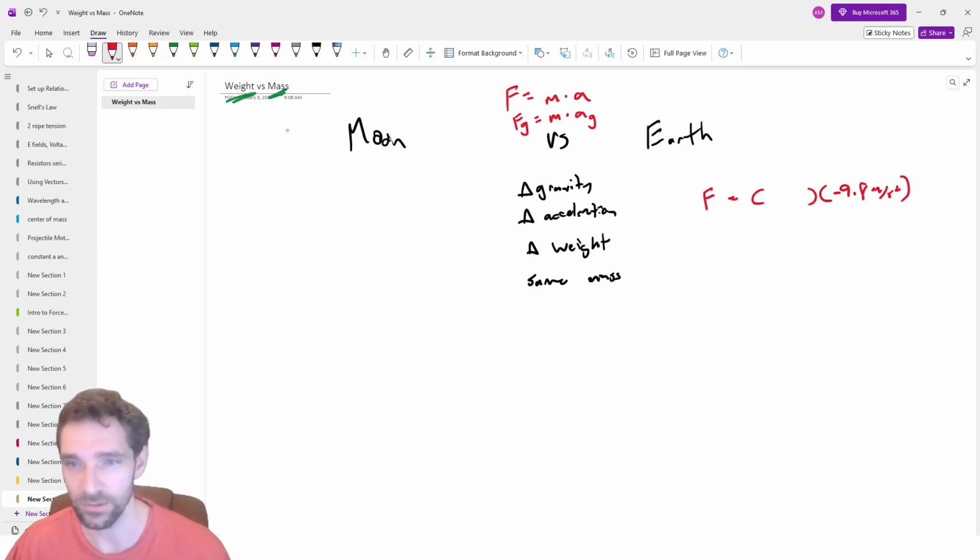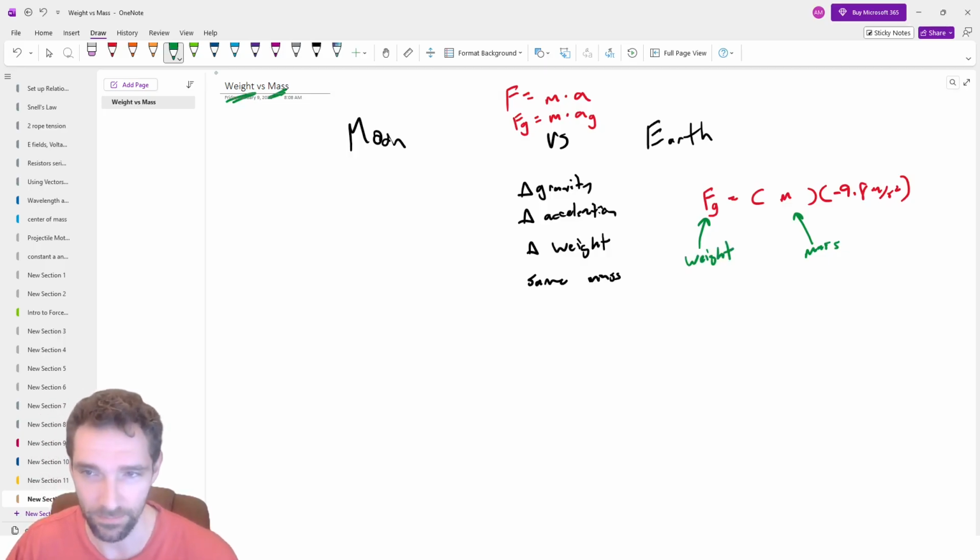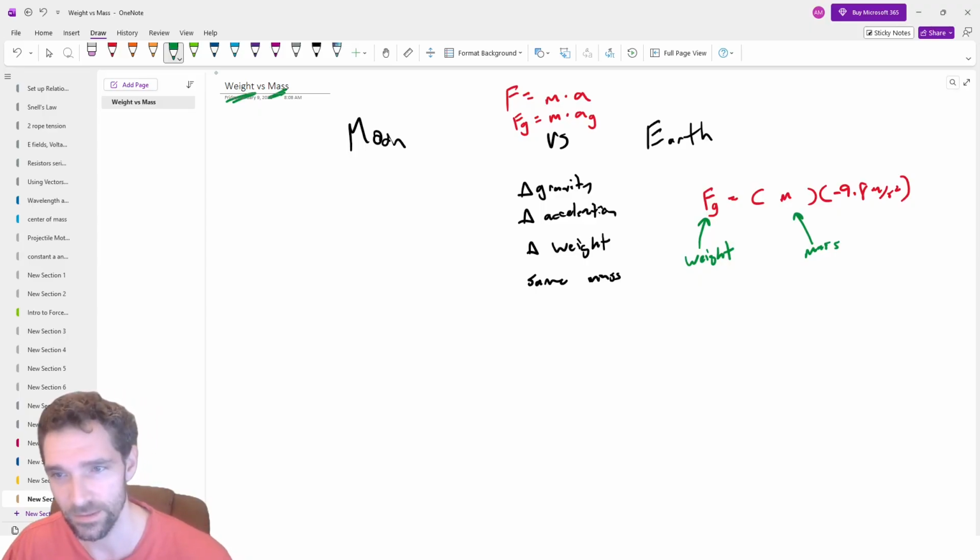It should be pulling you down, so I'm going to put the negative value in. This is your mass pulling you down, and this is the force of gravity. So in other words, we have mass here, and then this is kind of like your weight. It's going to be measured in newtons versus mass, which is measured in kilograms.